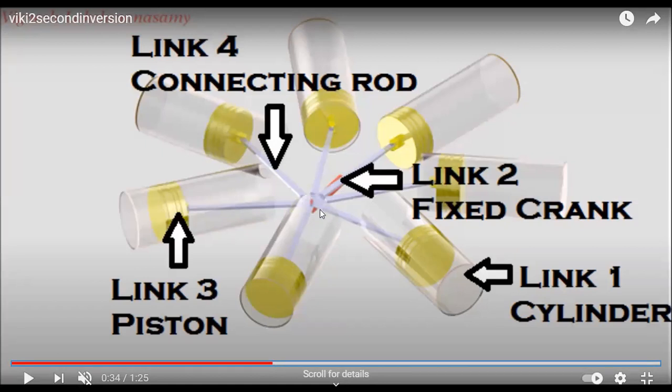Link 3 is the piston which moves forward and backward, and link 4 is the connecting rod. So these are the different parts or links of a rotary engine.